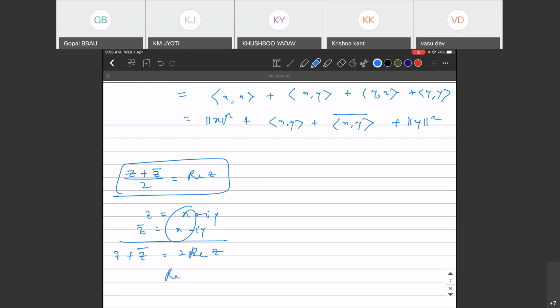So Re z is (z + z bar) by 2. So this is a complex number, this is its bar, so it will be 2 times the real part of this. So this is ‖x‖² + 2 Re⟨x,y⟩ + ‖y‖².